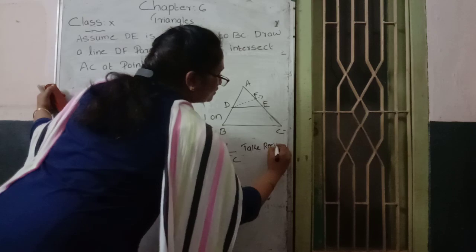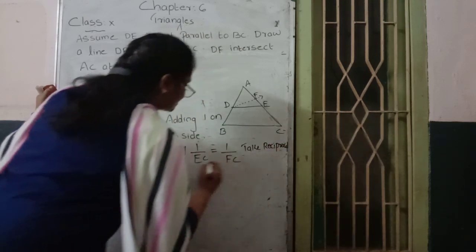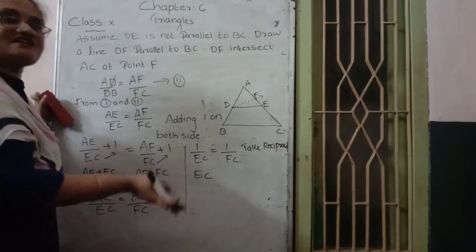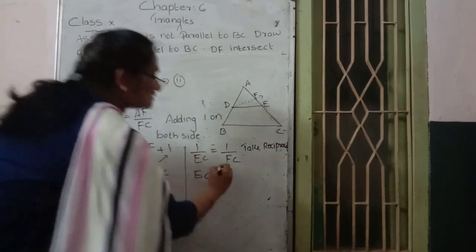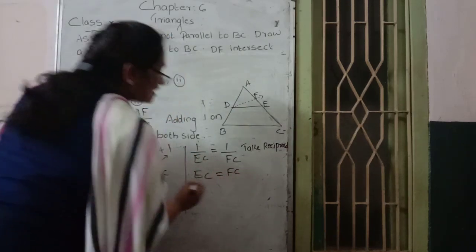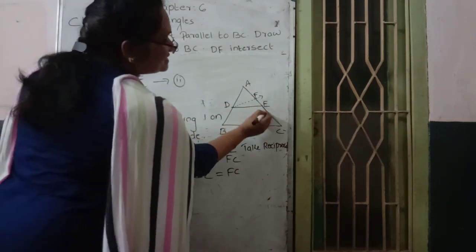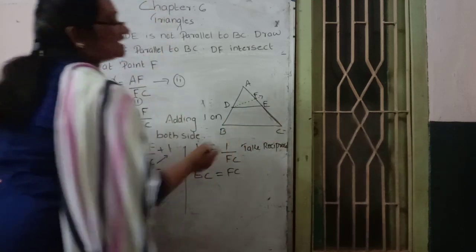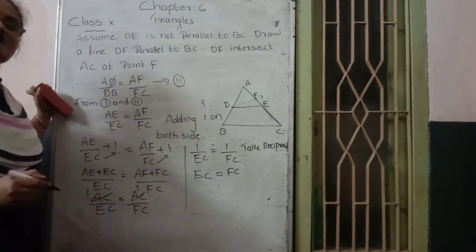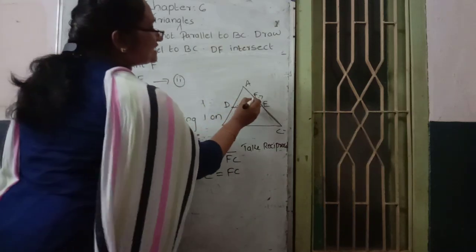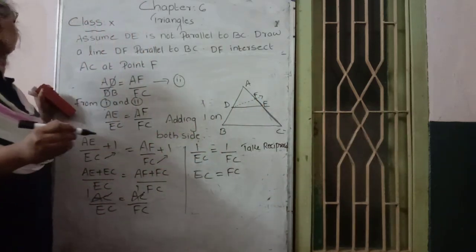Taking the reciprocal, EC goes to the numerator and 1 becomes the denominator, so we get EC by FC. What can we conclude? The EC side and FC side are equal. Why did it happen? It means the E and F points are coinciding.